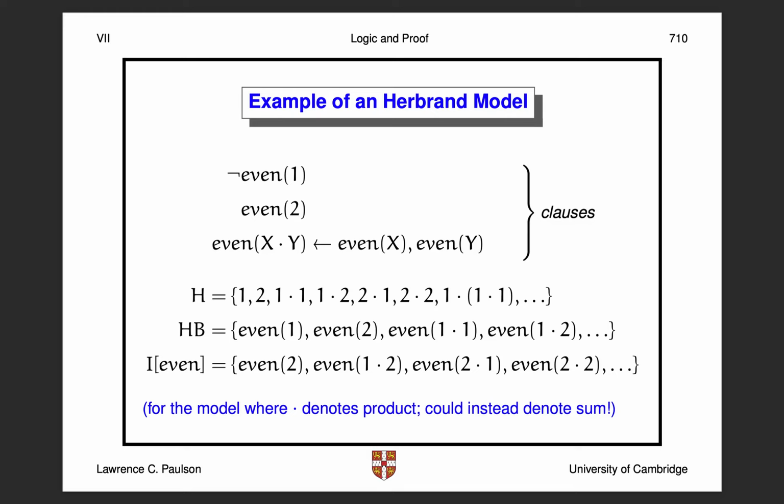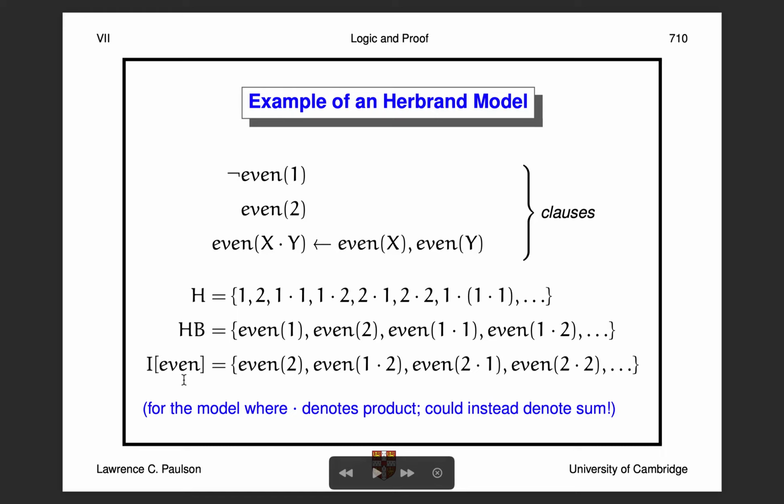Where it gets interesting, notice that if this dot actually stood for addition rather than multiplication, this clause still holds. So putting in addition here again gives us a satisfying model of the clauses, but it would give us a different interpretation of even.